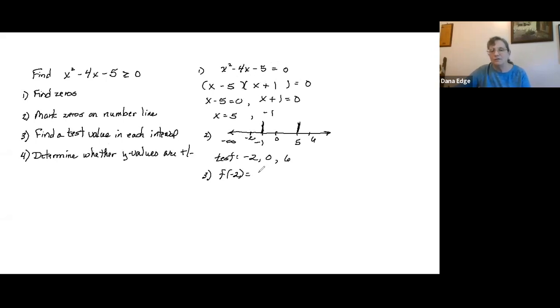Whichever seems better to you. If I plug it into the original problem, I've got 2 squared minus 4 times 2 minus 5, which would be 4 minus 8 minus 5, which is going to be negative. I usually don't bother to go all the way to find what the answer is because I don't care what the answer is. I'm only interested in whether it's positive or negative.